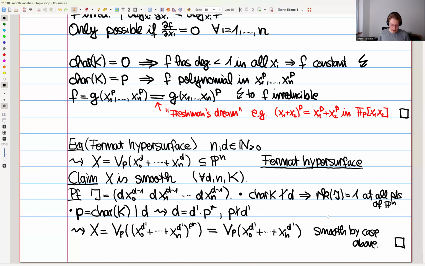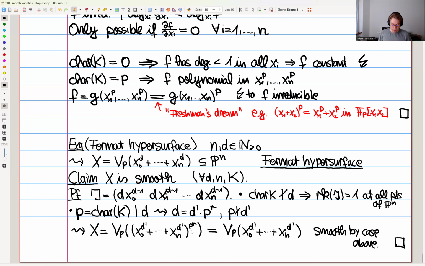And then in this final annoying case, let's say p, the characteristic of K, divides d, which means you can pull out factors of p until the remainder is no longer divisible by p. So you can split d as some d' times some power of p, where p no longer divides d'. And now comes the freshman's dream again, because X is this vanishing set here, but now d is equal to d' times p to the r.